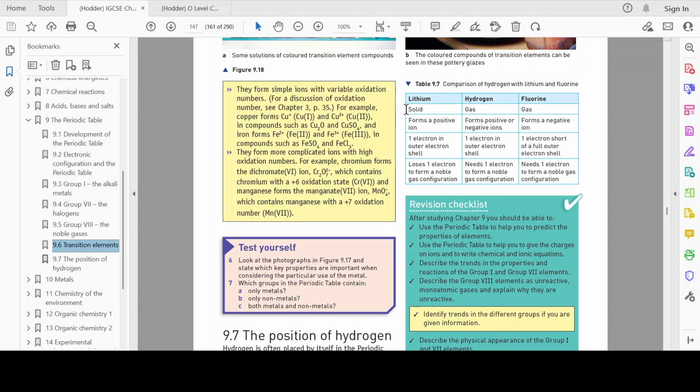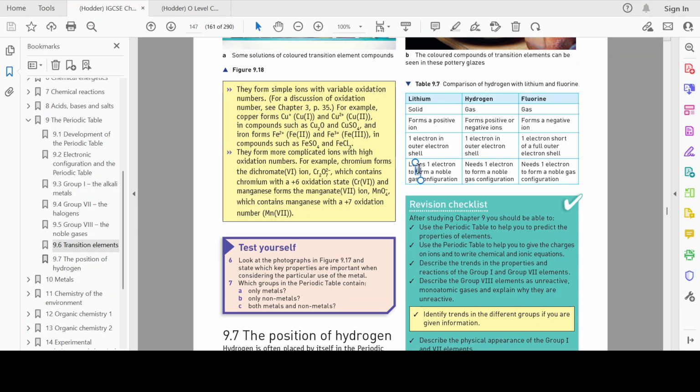Lithium forms a positive ion, hydrogen can form both positive and negative ions, and fluorine, in group 7, can only form negative ions. Lithium has one electron in the outermost shell, hydrogen has one, and fluorine is one electron short. So one will give up one electron, and hydrogen can both receive and donate.